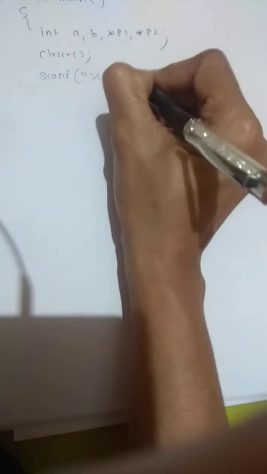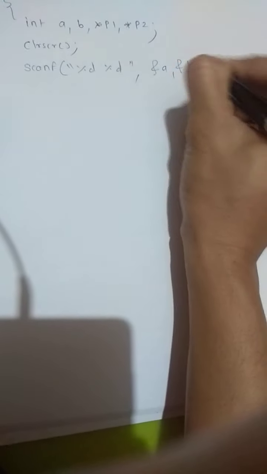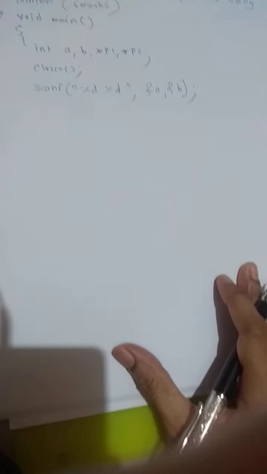Then first we take the input from the user for both variables, a and b. Both are integer variables, that's why we use format specifier %d for address of a and address of b. Now we store the address of a into the pointer p1 and address of b into the pointer p2.